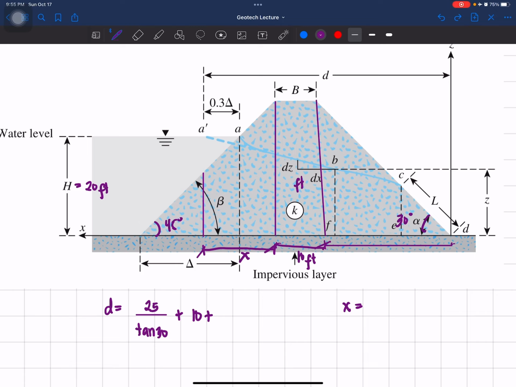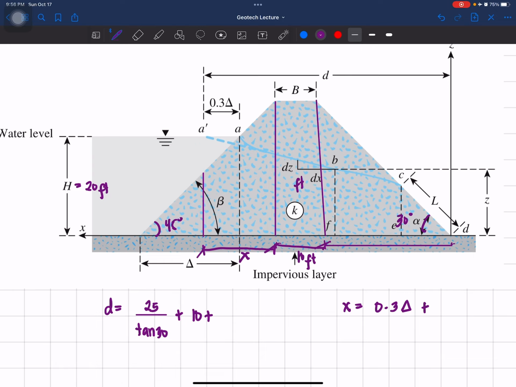Okay. So I think this is just equal to 0.3 delta. Okay, ito. So 0.3 delta kasi yan siya. Plus, ano yung kwan natin?